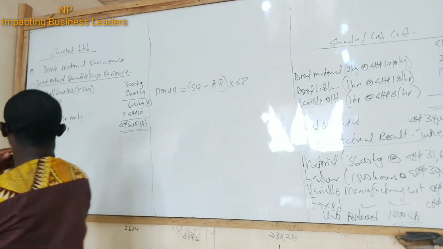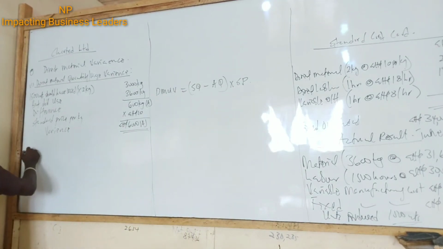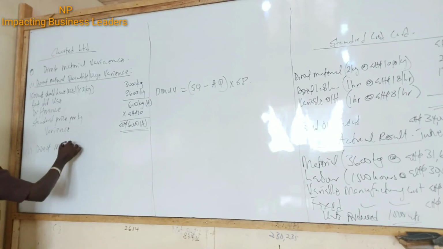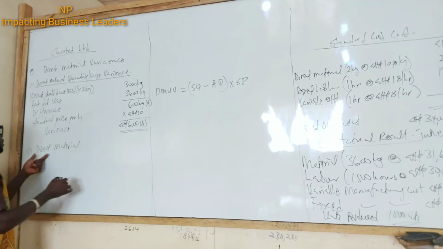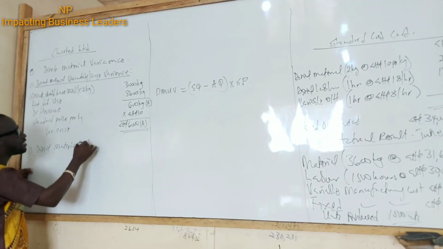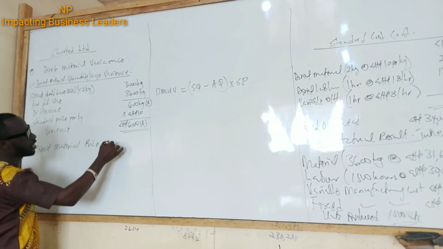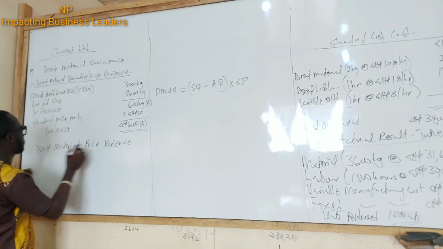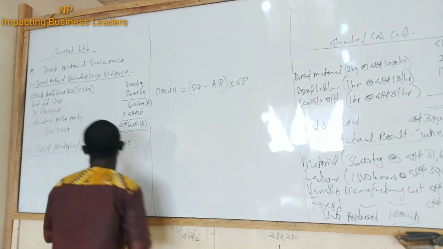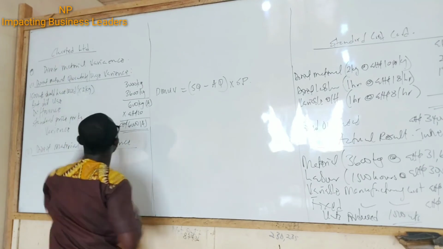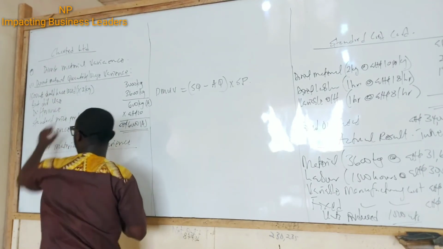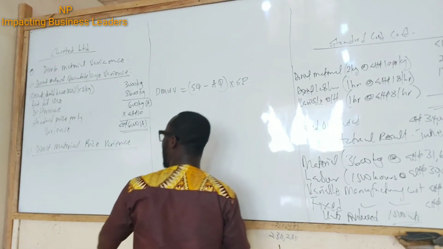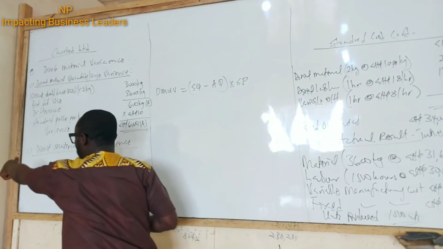That's it about that. Part two is the direct material price variance. Now remember, they didn't give I and II, I am just labeling these out. Be careful here. Remember, the usage variance is based on units produced, but the price variance is based on material used.